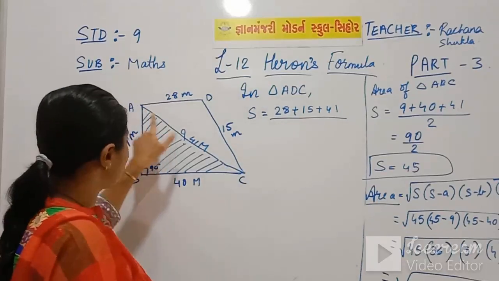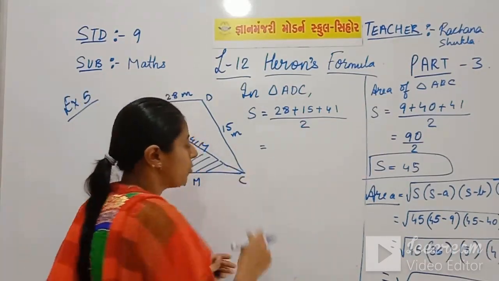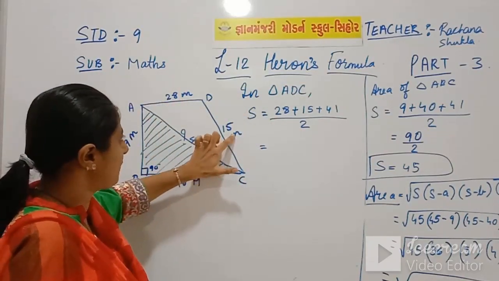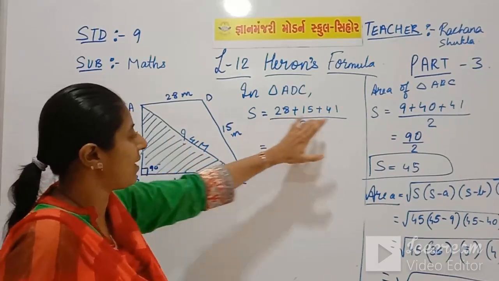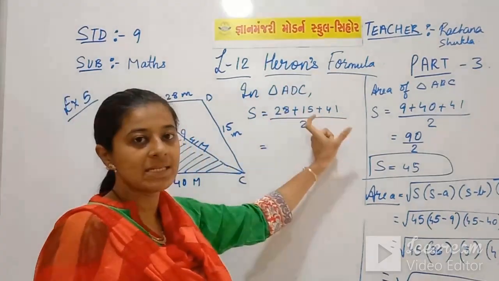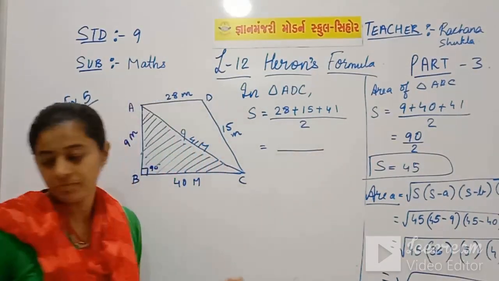Which is 41? This side, AC is 41, divided by 2. Now you have to add these numbers and divide it by 2. So you will get S.